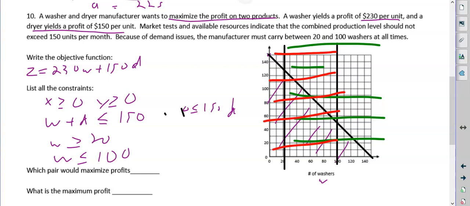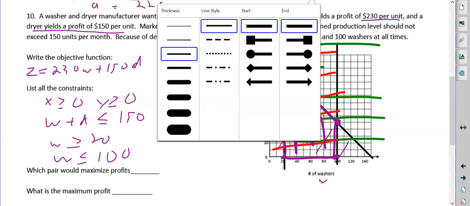So where is my overall area? It goes from here to here to here to here. That's my area.